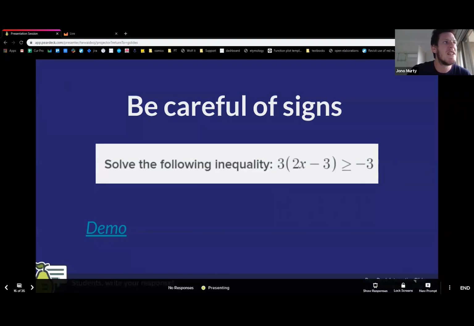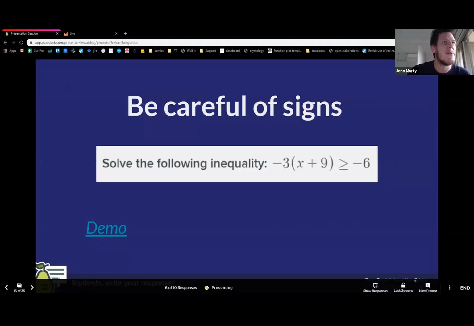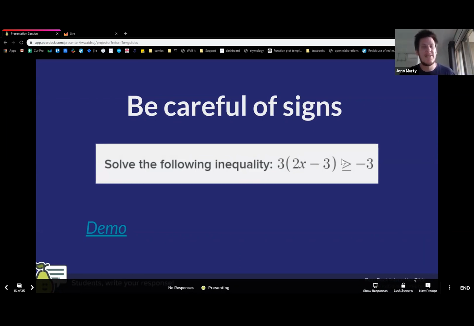Okay, is that the same one? No, that is a different one. So this is just a slightly harder one. Although in this case, I don't think we'll be dividing by a negative.